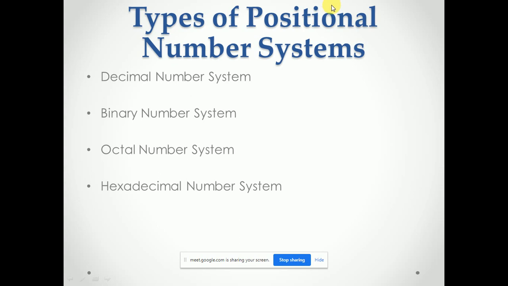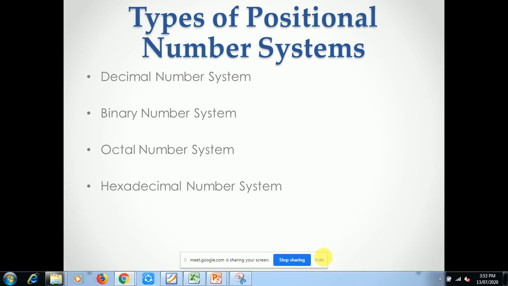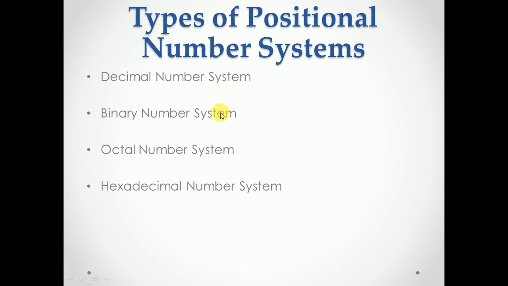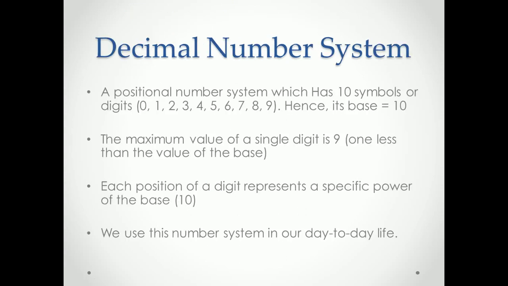The types of positional number systems are the decimal number system, binary number system, octal number system and hexadecimal number system. In your syllabus, there are the decimal, binary, and hexadecimal number systems.